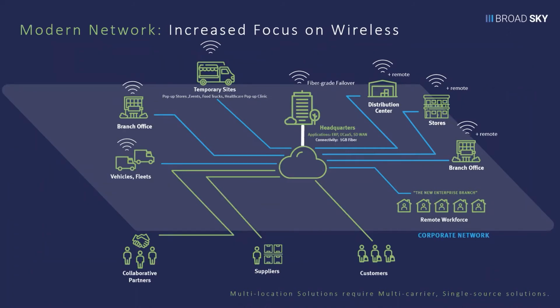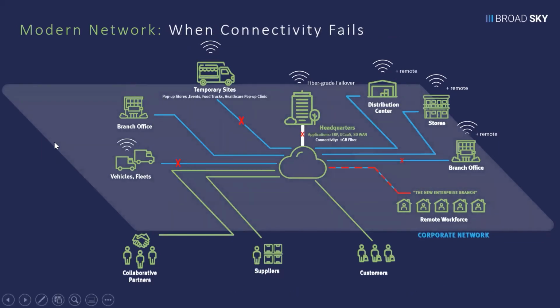The challenge is that in that traditional network model, the infrastructure that exists services that, right? Now we've got more temporary sites, more fleets, more vehicles, and more people working from home, working remote. The infrastructure designed for a very traditional brick and mortar corporate environment just doesn't work anymore.